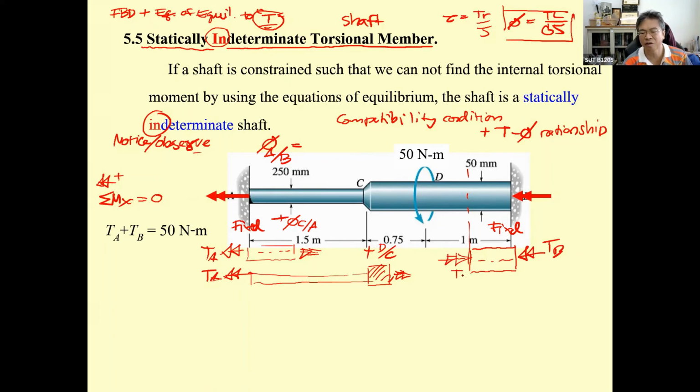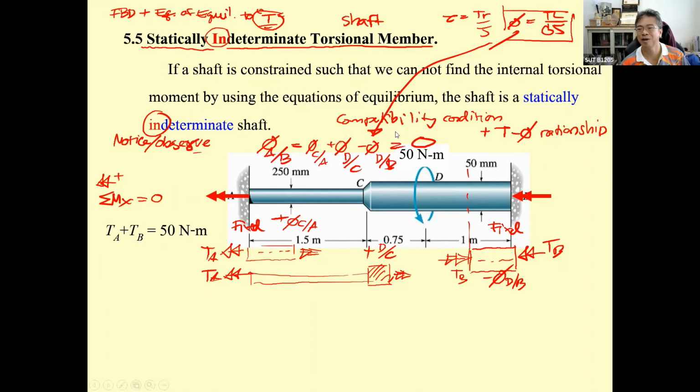That is also T sub B, but this one produces a negative angle of twist phi D slash B. By doing this, it is going to be phi C slash A plus phi D slash C minus phi D slash B, and all of them is 0. When you put this into this equation, you will get another equation.